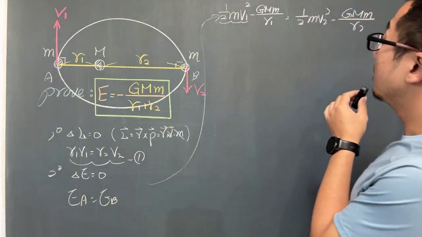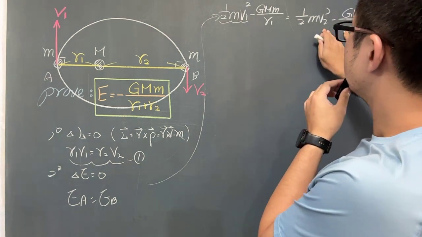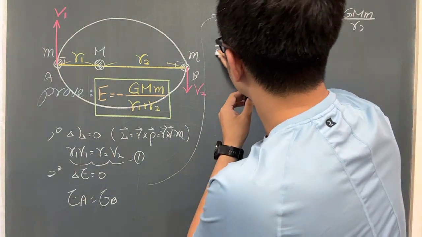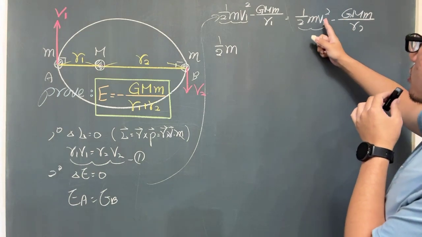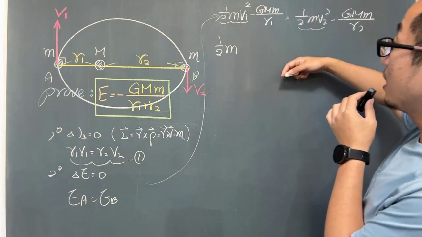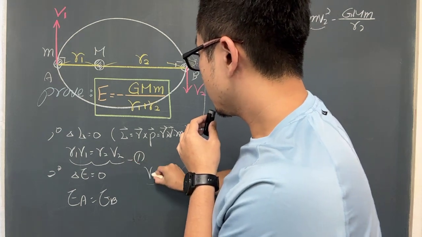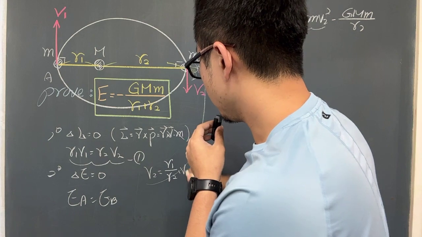So my way is you can exchange the two terms and combine the kinetic energy term, like the 1/2 m. I move this 1/2 m v2 squared to the left hand side. And as you know, equation 1 tells you that v2 is equal to r1 divided by r2 times v1.